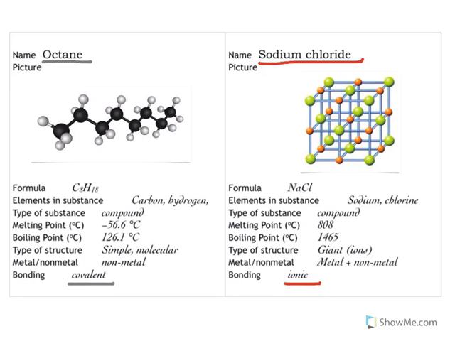So if we look at one thing at a time, the first thing we look at is what it is that goes into making up these substances. And we see that covalent substances are made only of non-metals, whereas ionic substances contain both metals and non-metals.